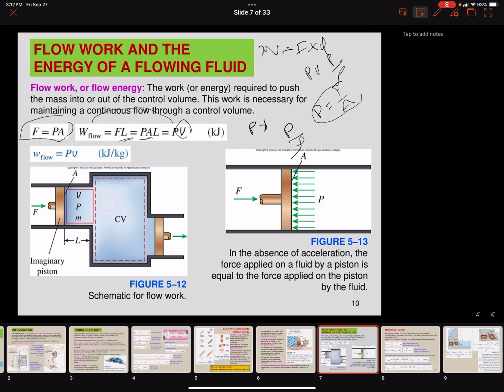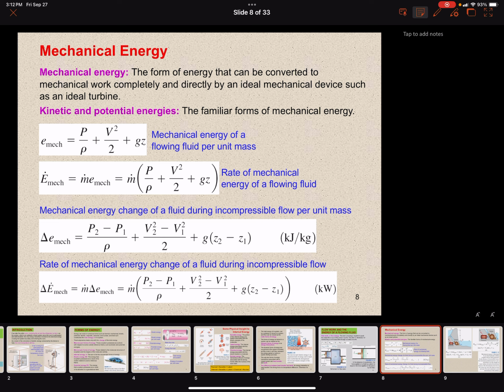Now we can see here this equation, if you still remember it. We call it the mechanical energy, and the mechanical energy contains multiple terms. One of the terms is the flow work, and this is the kinetic energy, and this is the potential energy.